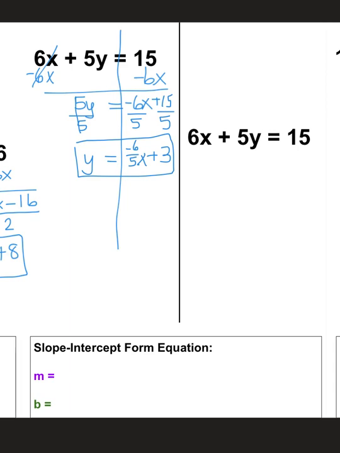So now if I do the other side, remember the other side is just where I'll divide one time underneath. So I'm going to still subtract 6x on both sides. That leaves me with 5y over here equals -6x plus 15.